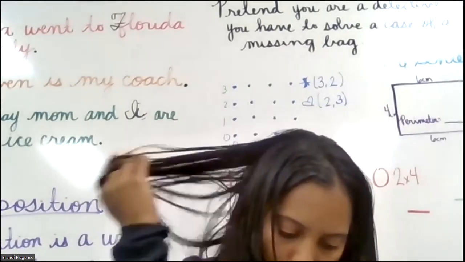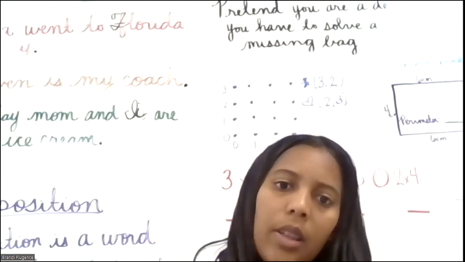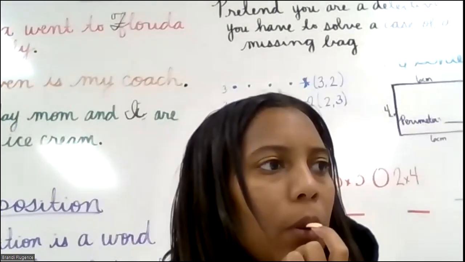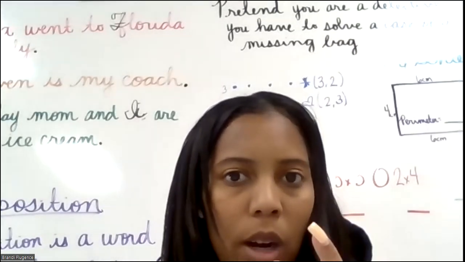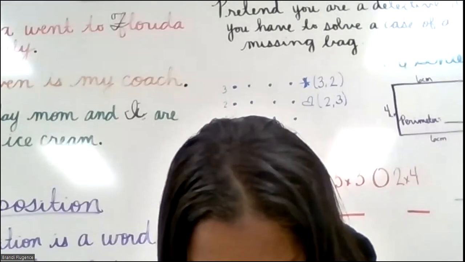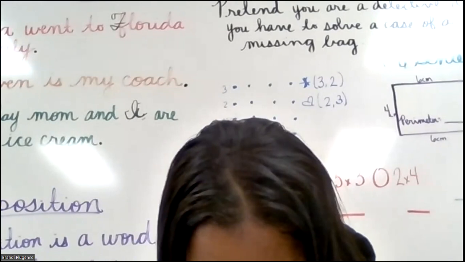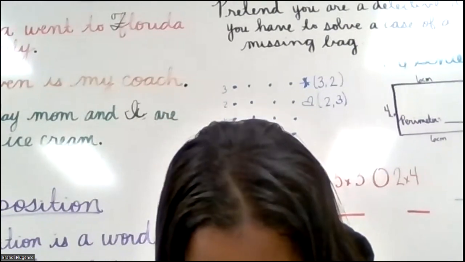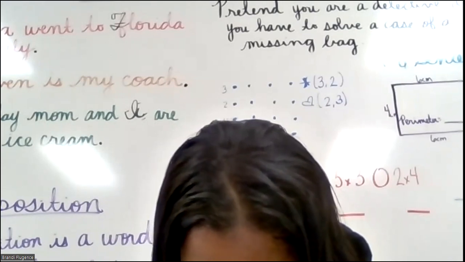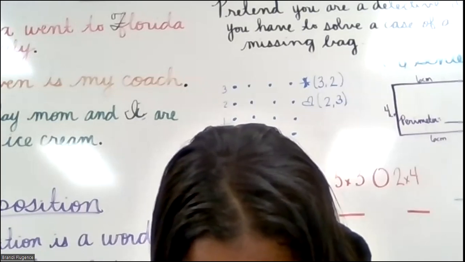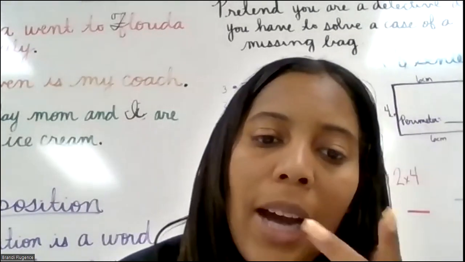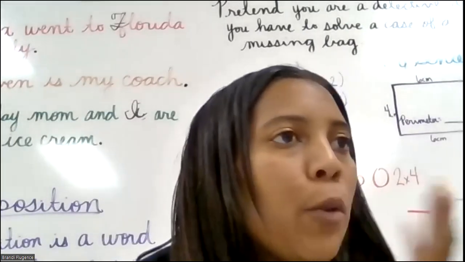3 times 4? No, 3 times 4 is 12, and then 3 times 5 is 15.